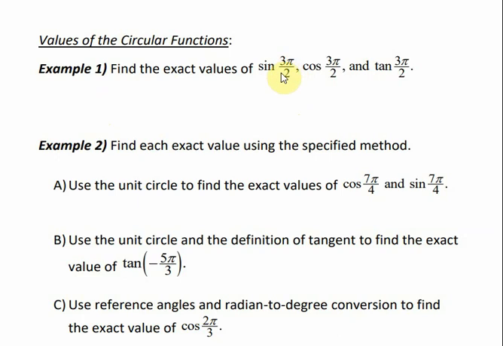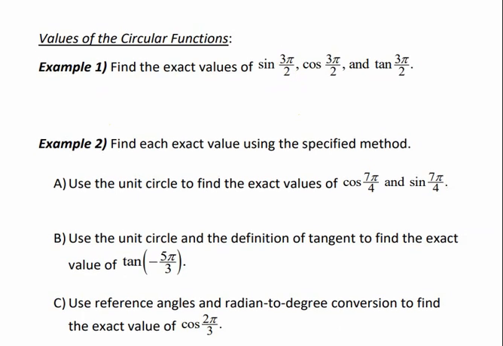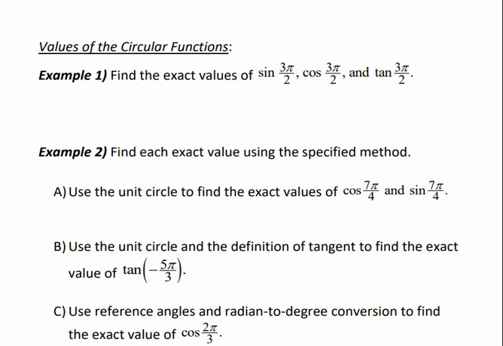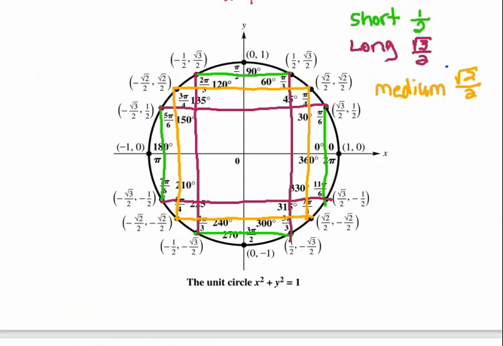So the sine of 3 pi over 2, they want to know what the y value is in 3 pi over 2. Okay, so 3 pi over 2, remember, is, let me go up a little bit, 3 pi over 2 is this right here. So they want to know what sine is of 3 pi over 2. So sine is my y value, so that means that my sine is going to be -1.